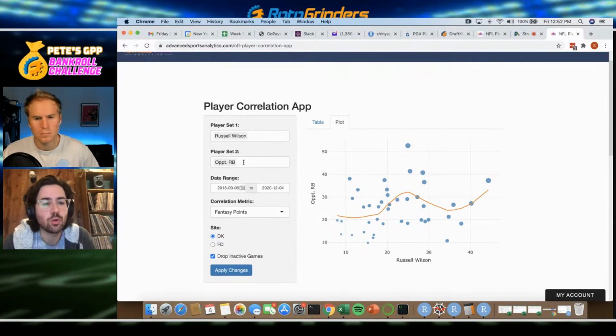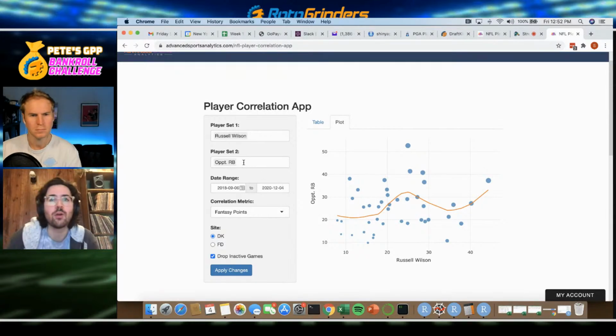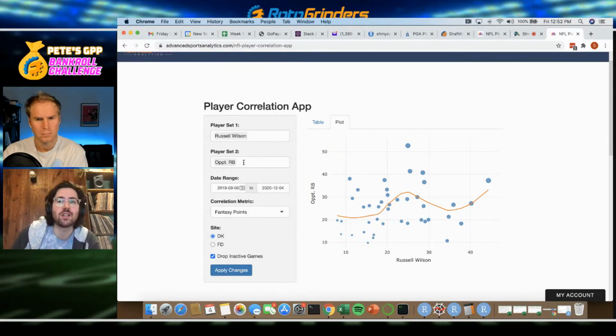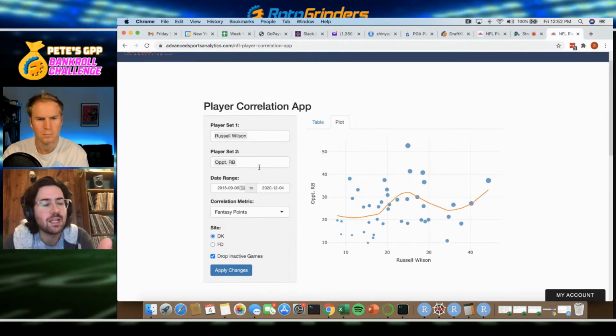But when you're looking at opposing receivers, what if Russ played the Chiefs and Travis Kelce had a huge game, and Tyreek Hill and Watkins were quiet, but Mahomes and Kelce had a big game? You can get things messed up when you focus too narrowly on position. But with running back, there's less variance in how heavily teams lean on running backs, aside from some outliers that are super run heavy.